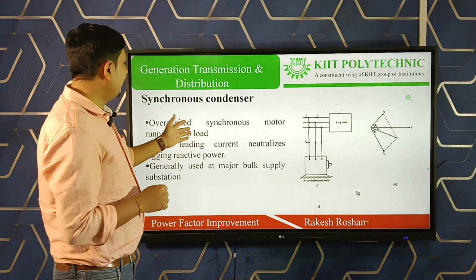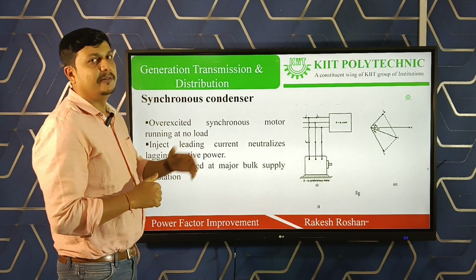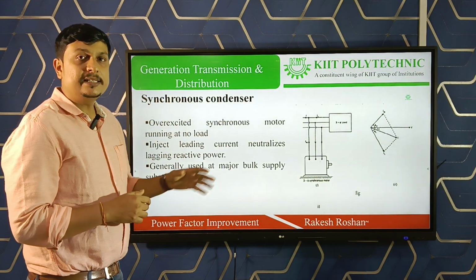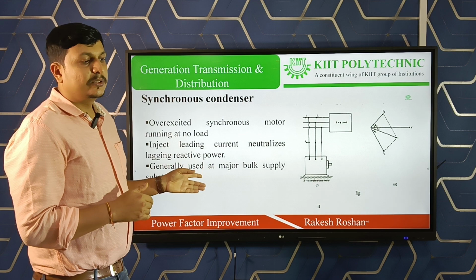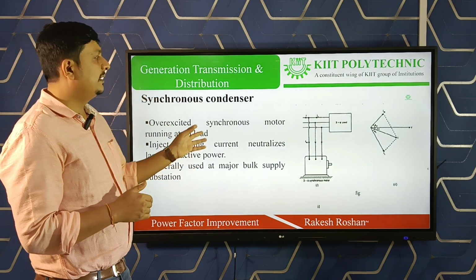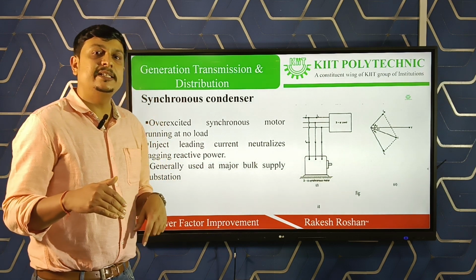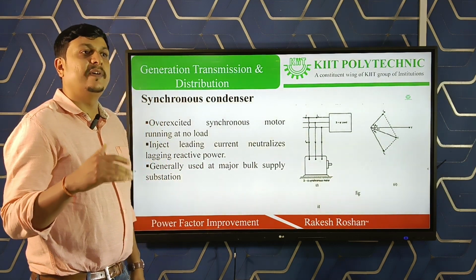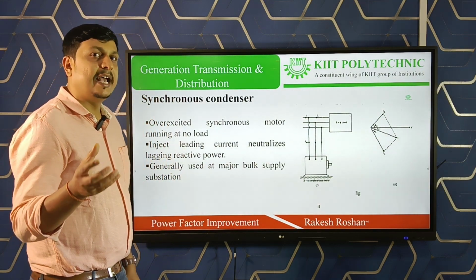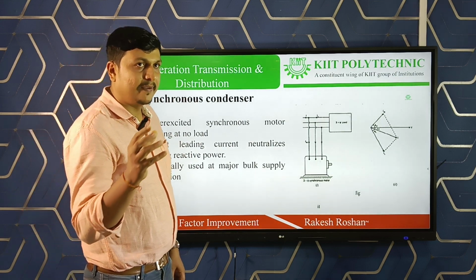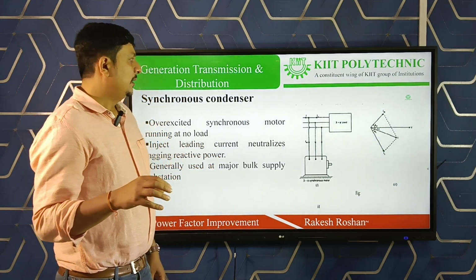So this is our another power factor improvement equipment, the synchronous condenser. A synchronous condenser is nothing else but a synchronous motor. When a synchronous motor is operated in overexcited condition, it behaves as a power factor improvement equipment.